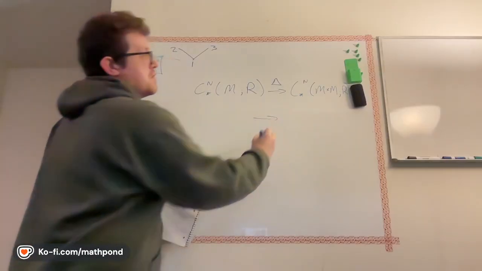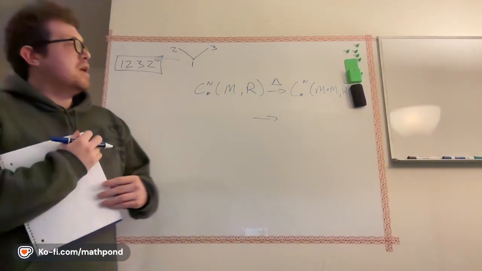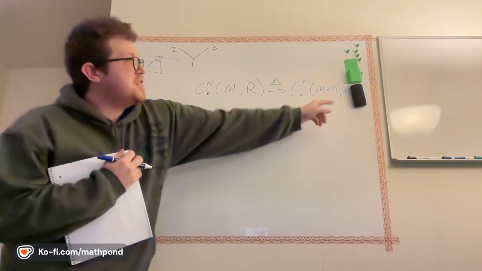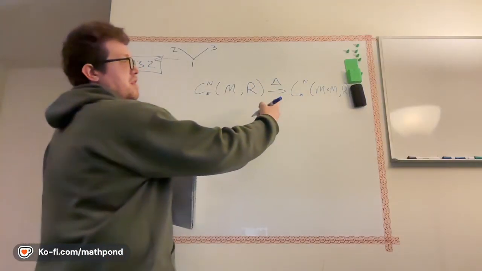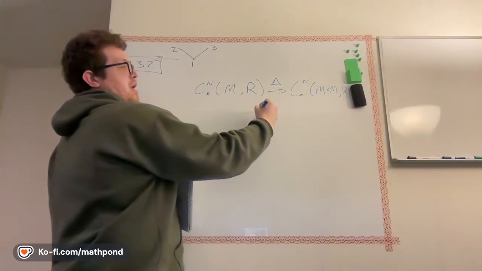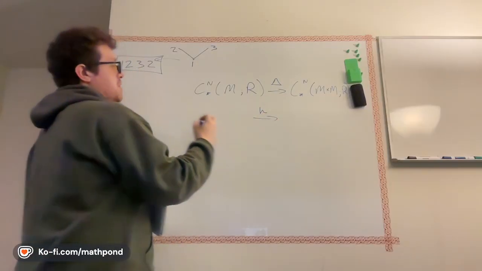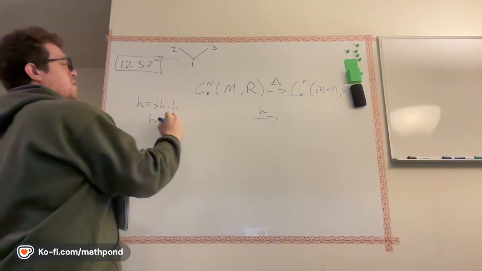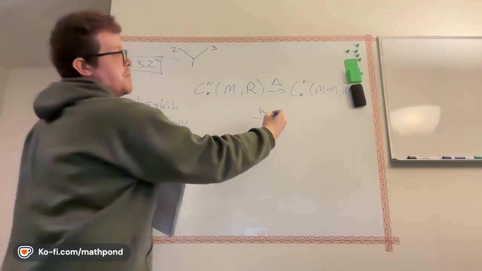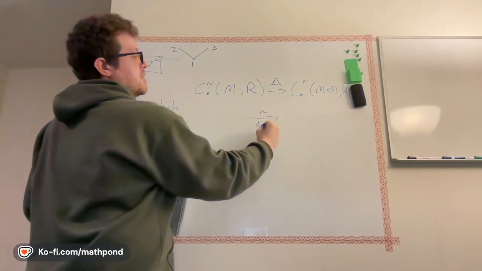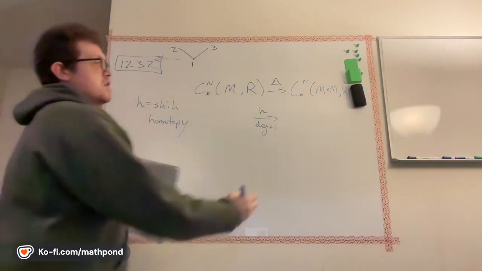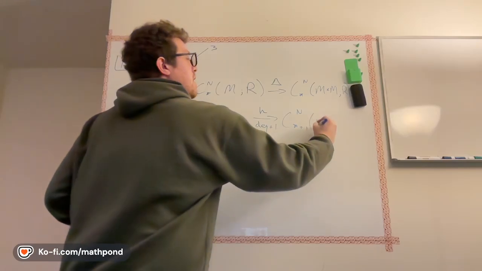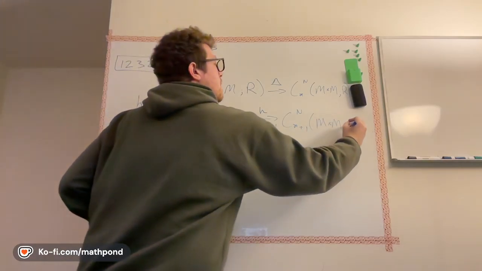And then in order to fix, normally we would use the Alexander-Whitney map to break the Cartesian product, but here we're going to fix the fact that we did that, and we're going to add in something called the Xi homotopy here. So H is the Xi homotopy, and this is going to change degree by 1. So this is going to be degree plus 1. So it'll be C star plus 1 n m times m r.